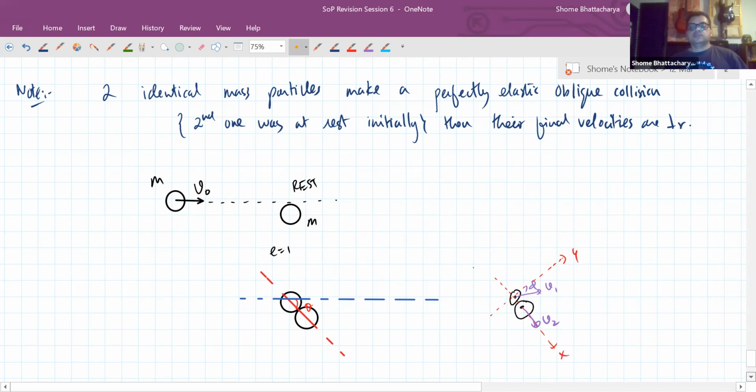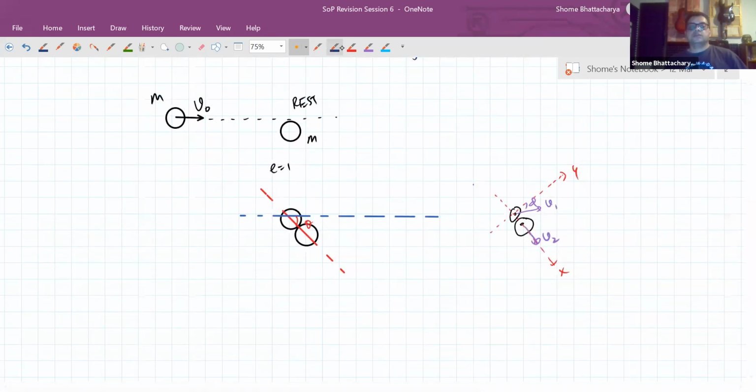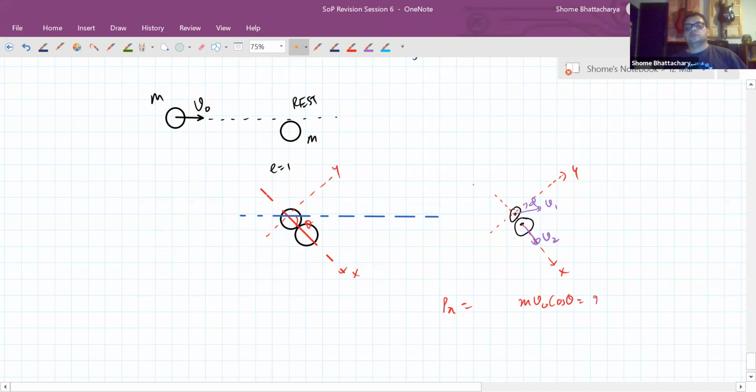So this time, conservation of linear momentum along our x-axis will show us that m v0 cos theta is equal to m v2 plus m v1 sin phi.